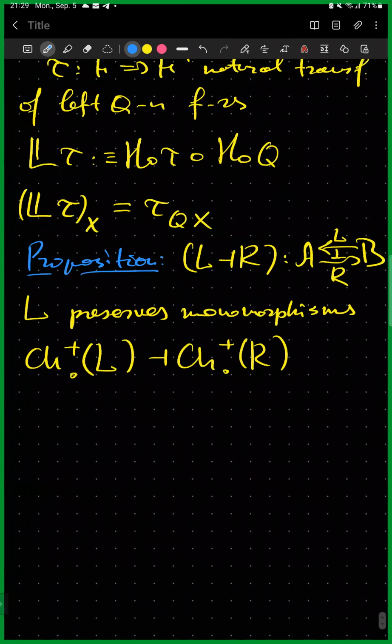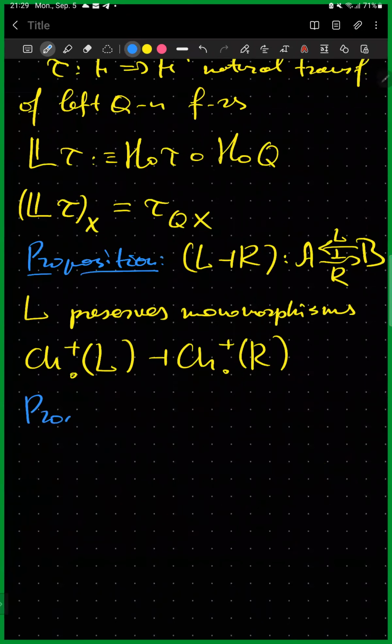So let me prove this proposition. So yeah, this is a Quillen adjunction.